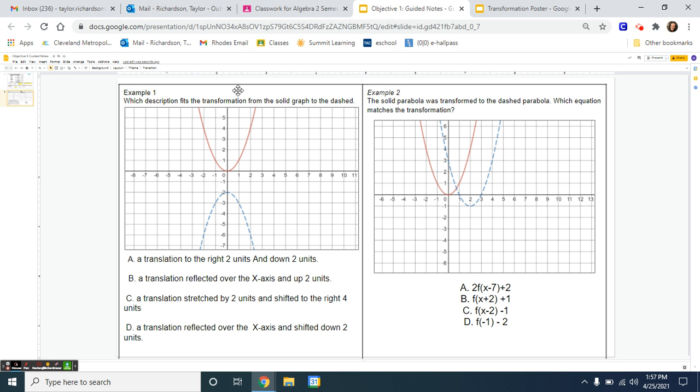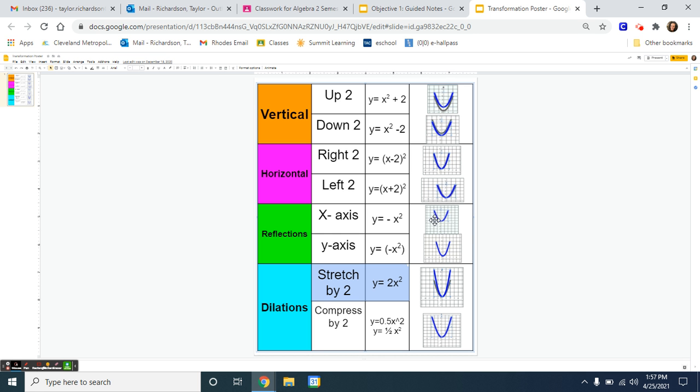So looking at this example 1 here, my red graph at 0, if I wanted to move to the blue, I have to figure out how did it transform? Well, I definitely see that it went down. It went down 1, 2, right? Went down 2. That's an obvious one. Something else that happened, it got flipped, right? And remember, whenever a graph flips, that's called a reflection.